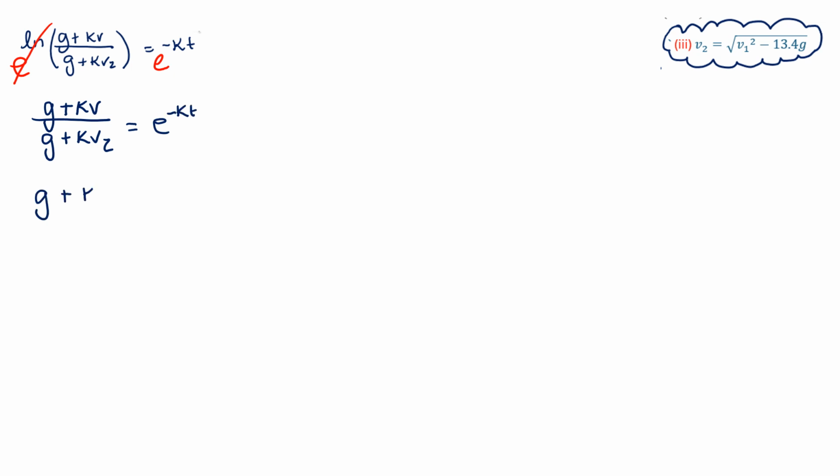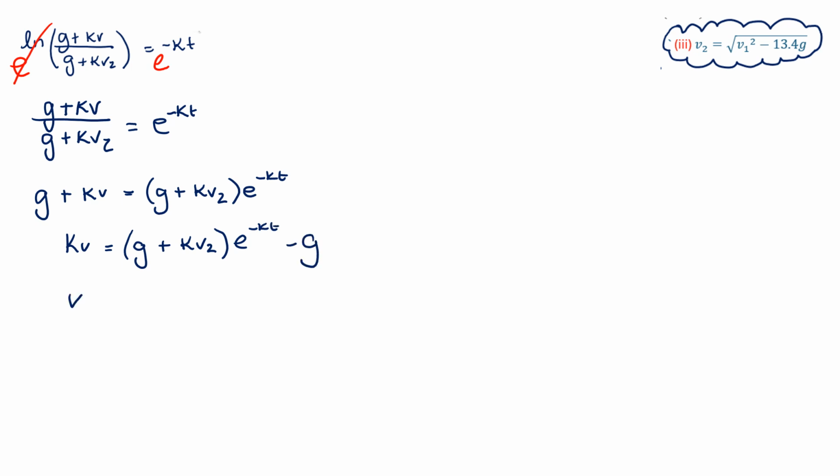Let's bring over that bottom line. So that's g plus kv2 times e to the power of minus kt. g plus kv is equal to g plus kv2 e to the power of minus kt. Take away that g, and final step is then we're dividing by k.